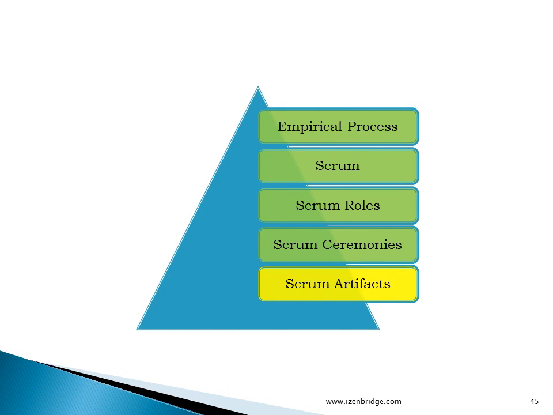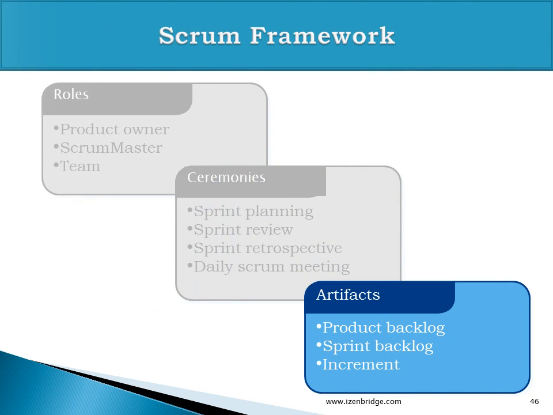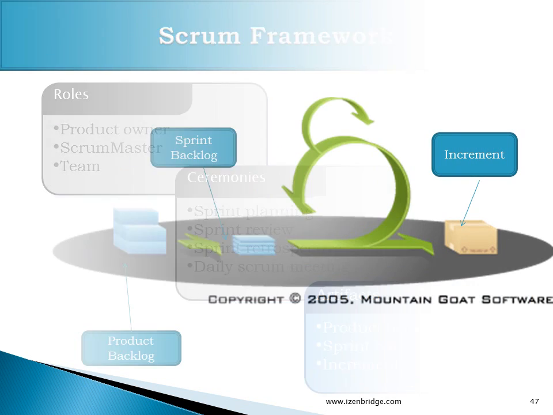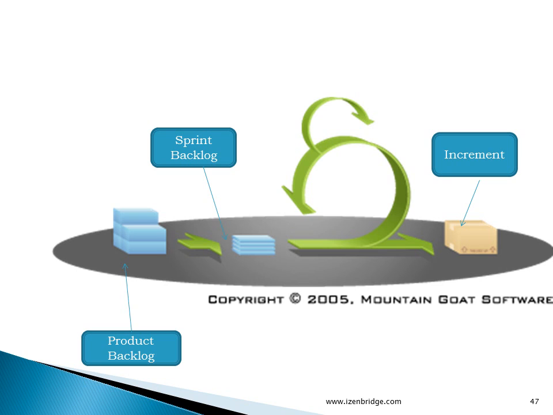So we are at the last section of our Scrum presentation, and in this section we will talk about Scrum artifacts. We have 3 Scrum artifacts: product backlog, sprint backlog, and increment. This is the same diagram we saw in the beginning, and everything starts from the product backlog, the first artifact.